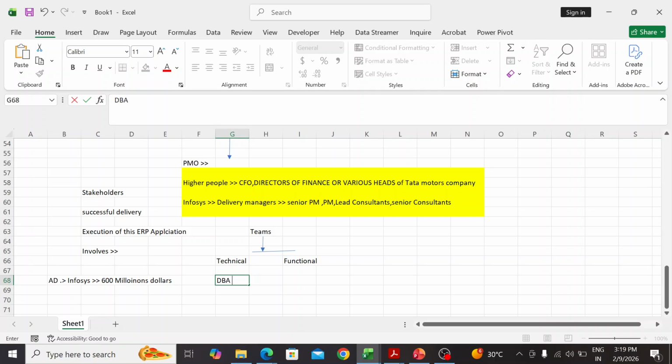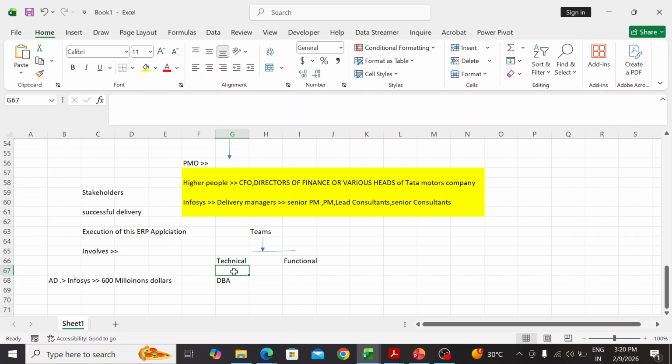But technical consultants, like SQL and PL/SQL people, will generally go for developing the reports and writing the queries, form customizations, personalizations, and designing the integrations between third parties and Oracle applications.